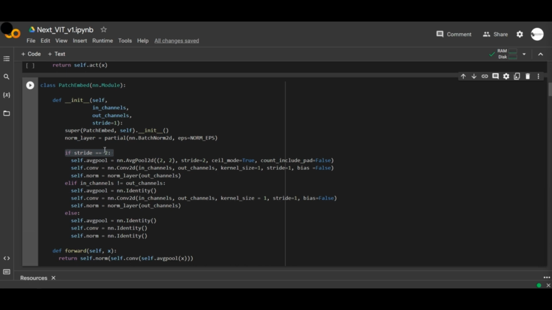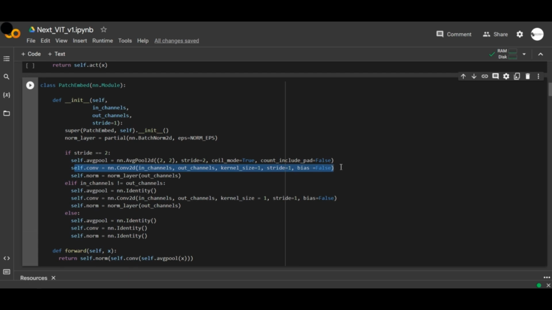The intuition behind this is to be able to capture global information while we reduce the spatial information. So we apply this average pooling with a stride of 2, and count include pad equals false. Then we have this convolution.